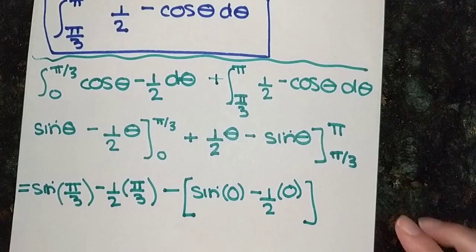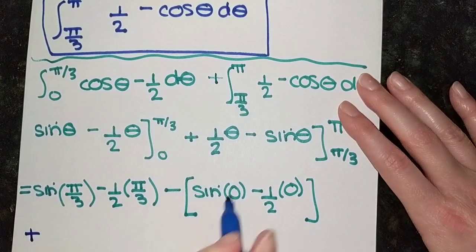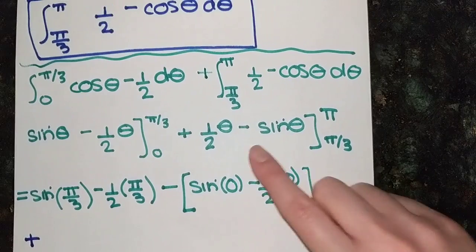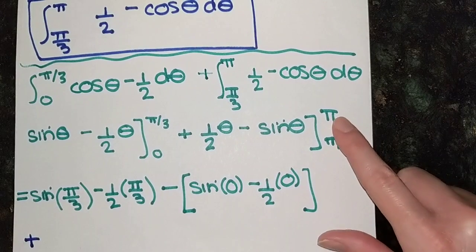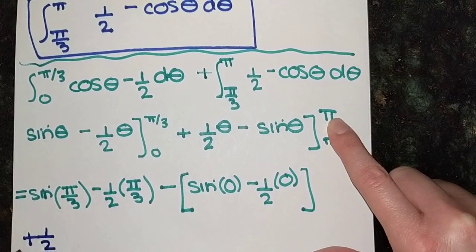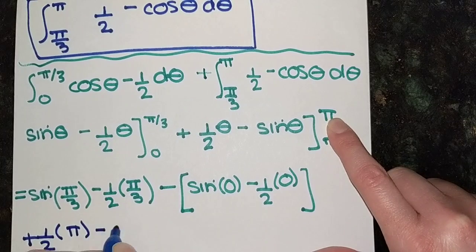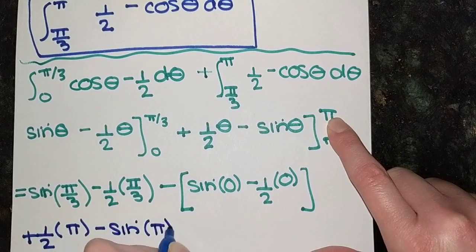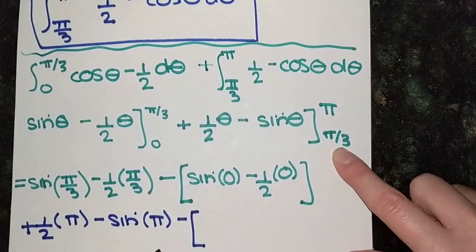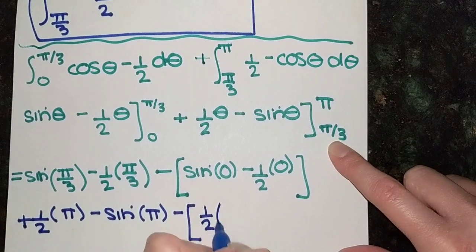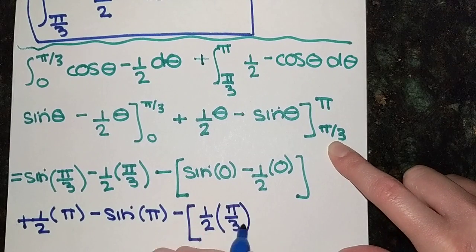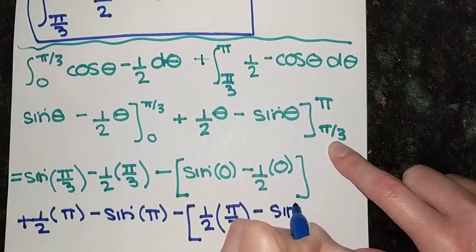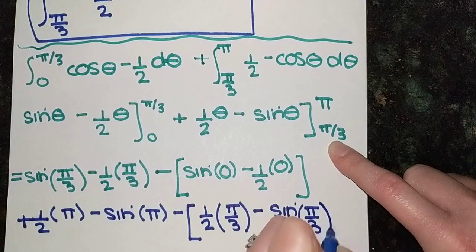Okay, that will then be added to the second interval where I go from pi over 3 to pi. So I'll plug in the pi upper bound first, and then minus the lower bound plugged in. So 1/2 pi over 3, and then minus the sine of pi over 3.